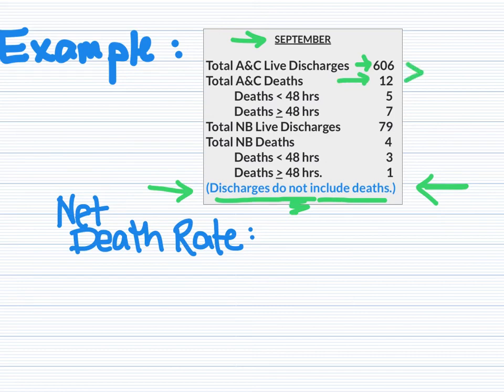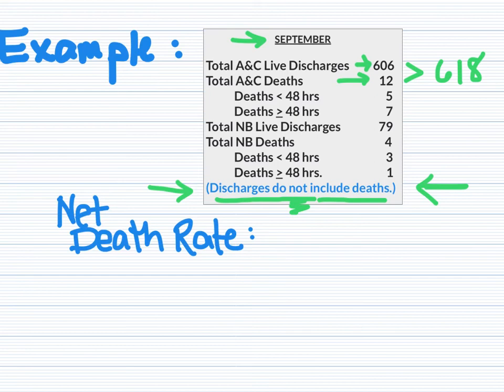So the total discharges here for A and C would be 618, but they've separated it out to help us with our calculation. So just make sure when you're looking at a data set, does that discharge number include the deaths or not? In this case, it does not.